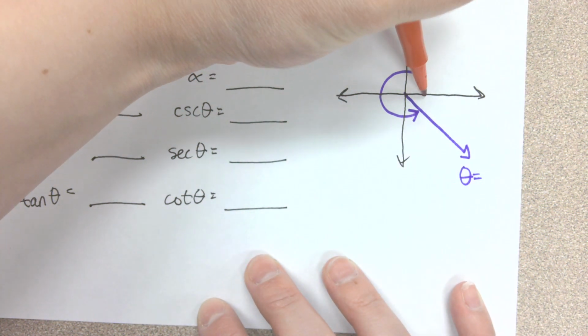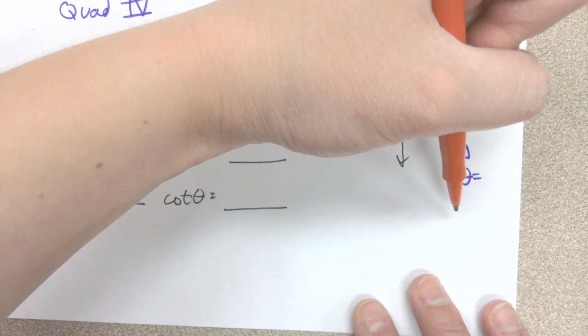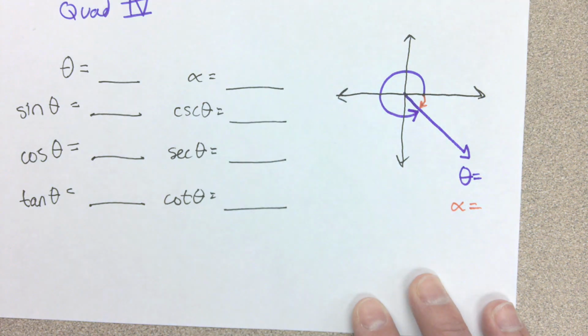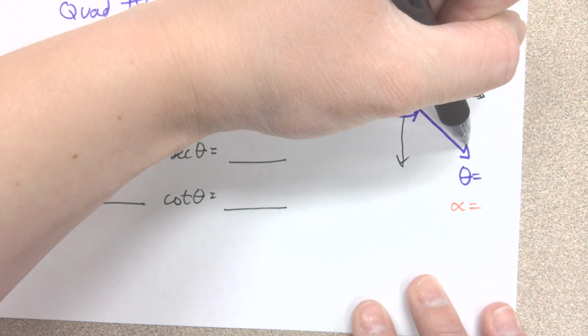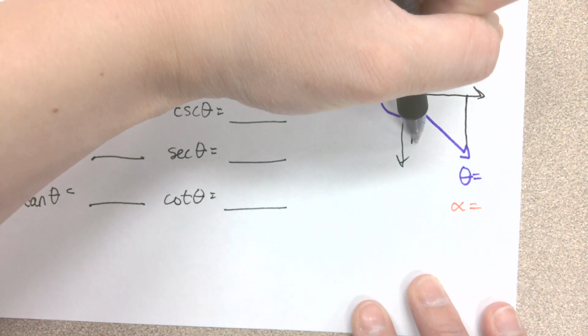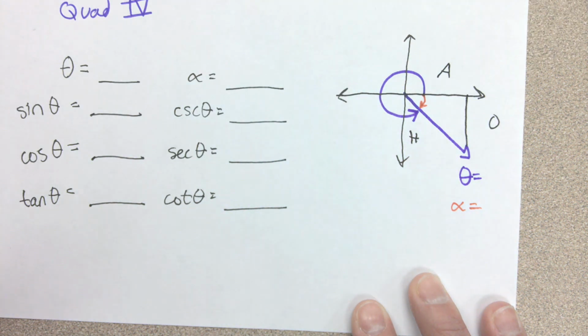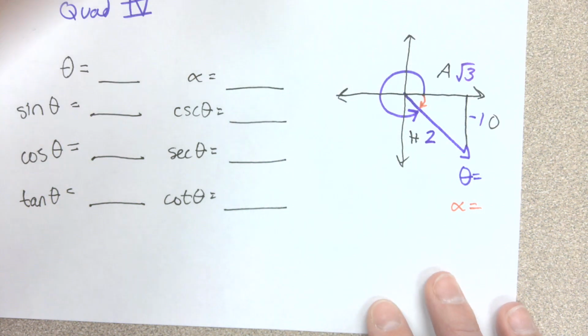Alpha, x-axis to our angle. Figure that out in a moment as well. The triangle, we already have everything that we need for that. H is 2. We're going to do HOA first. H is 2. O is -1. And A is positive square root 3.